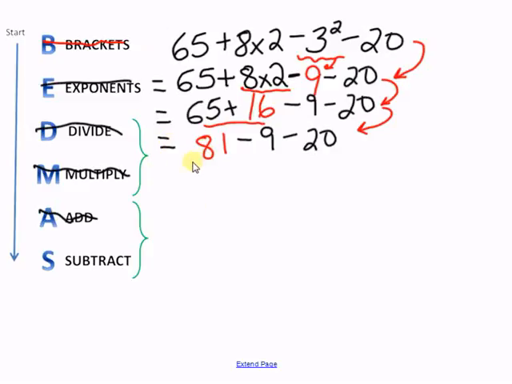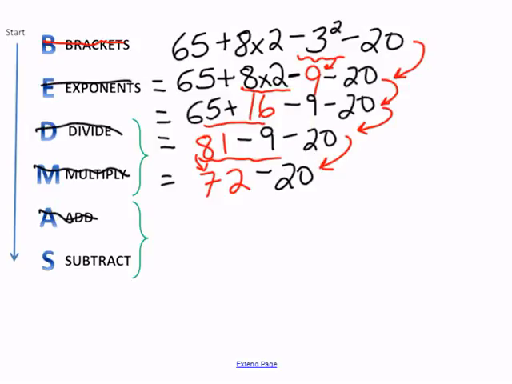So again, I go left to right. If there is more than one of the same operation, I do the first one that comes up. So 81, take away 9, that should be 72. There we go. Easy enough. And then I still keep this subtract 20 because I haven't done it yet.